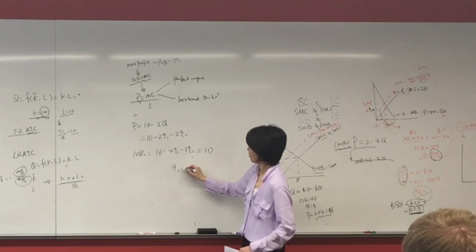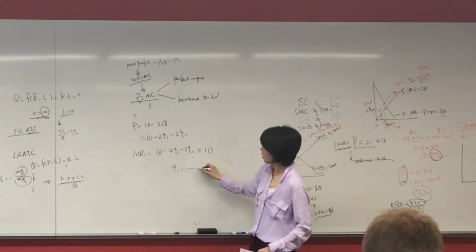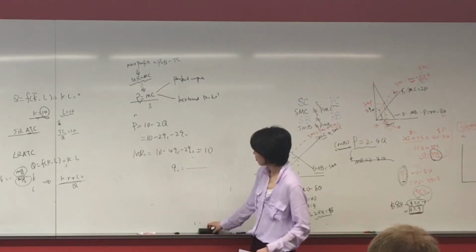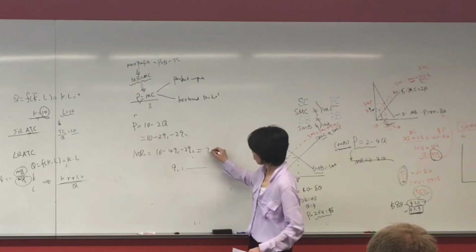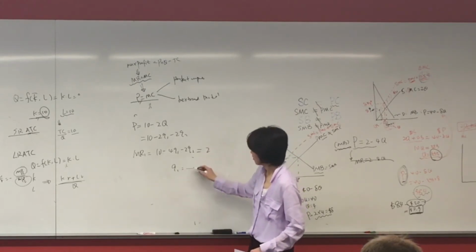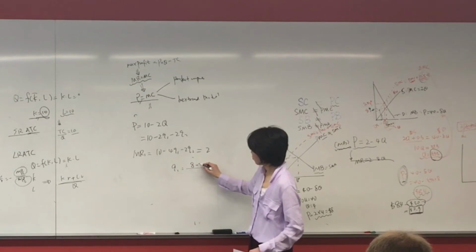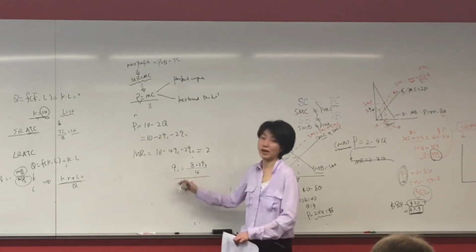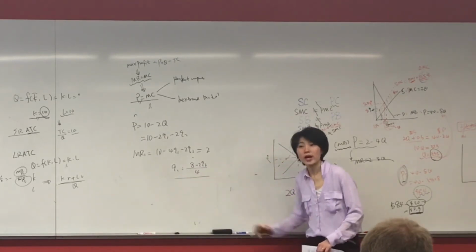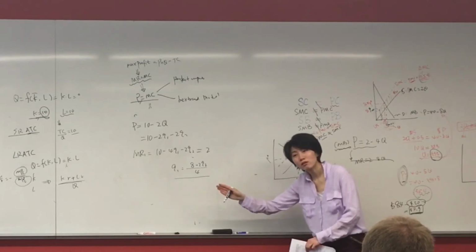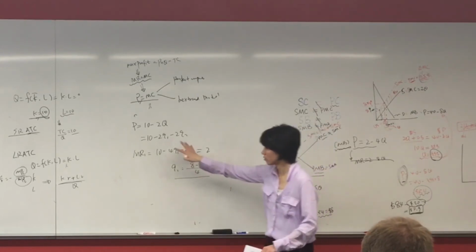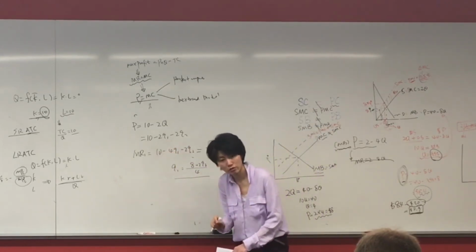And then Q1 will be a bit weird: A minus 2Q2 over 4. Okay, that's your reaction function for firm 1. Okay, and then same procedure, same logic to solve for the reaction function for firm 2.